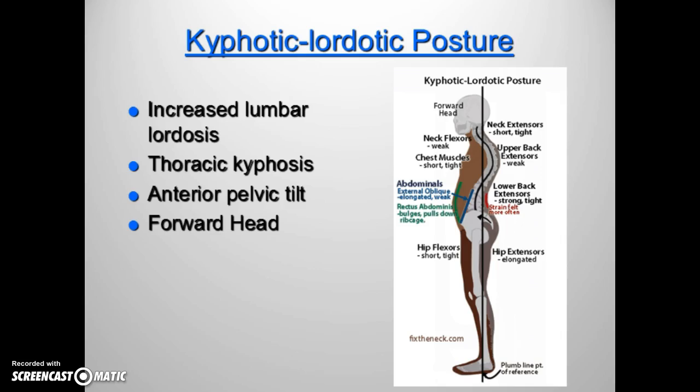And what happens with this is that the neck flexors, the upper back erector spinae muscles, and the external oblique muscles become elongated and weak. The hamstrings are slightly elongated, but they may or may not be weak.